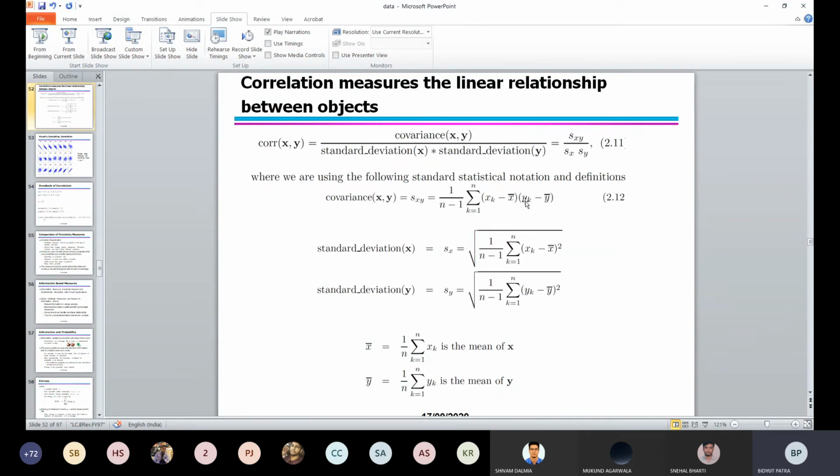And then what about the variance? Variance is nothing but the square of the standard deviation. The standard deviation is summation over x minus x bar squared. It is the variance with a single variable, so therefore it is only one term, xk minus x bar, squared.